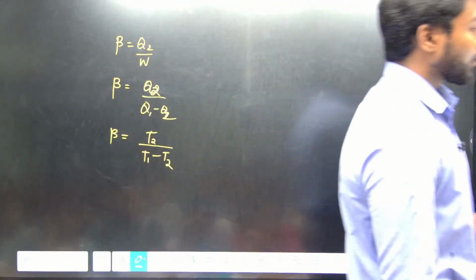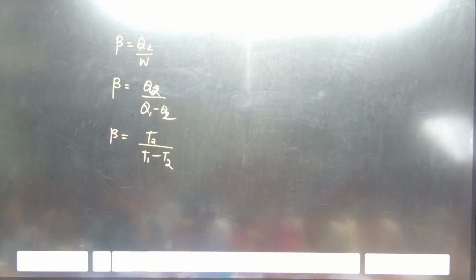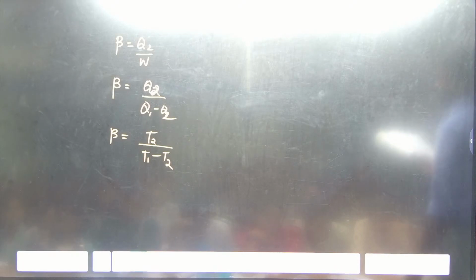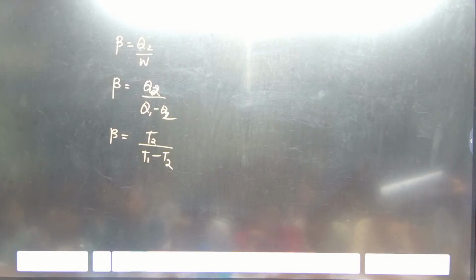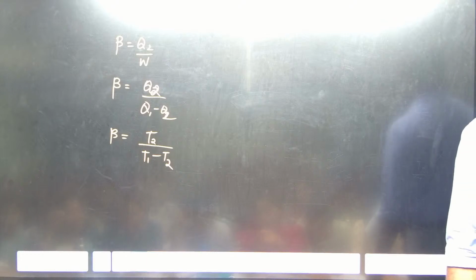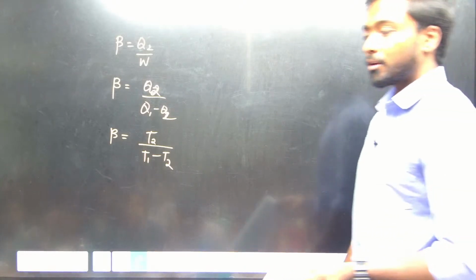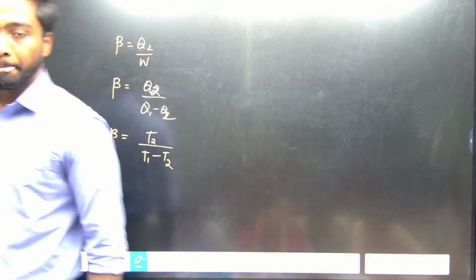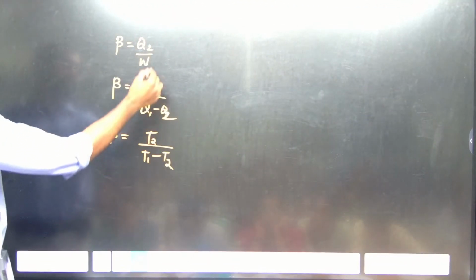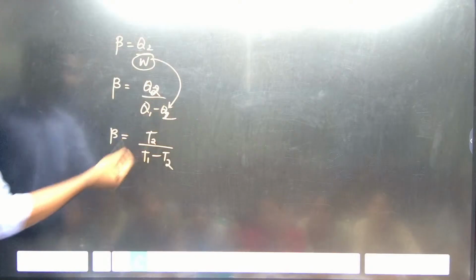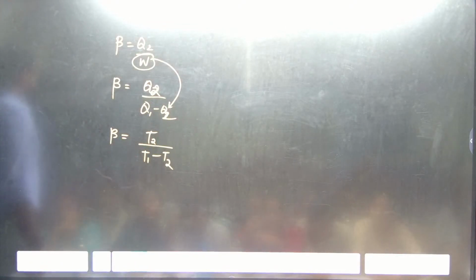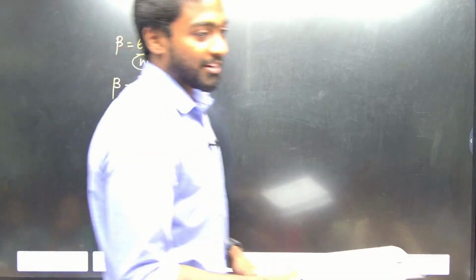So one is Q2 by W, one more is Q2 by Q1 - Q2, and one more is T2 by T1 - T2, and whatever is Q2 it is T2, whatever is Q1 that is T1. And one more formula is W = Q1 - Q2, right? So in terms of W, can I write this one? That's the thing, no? They have given.